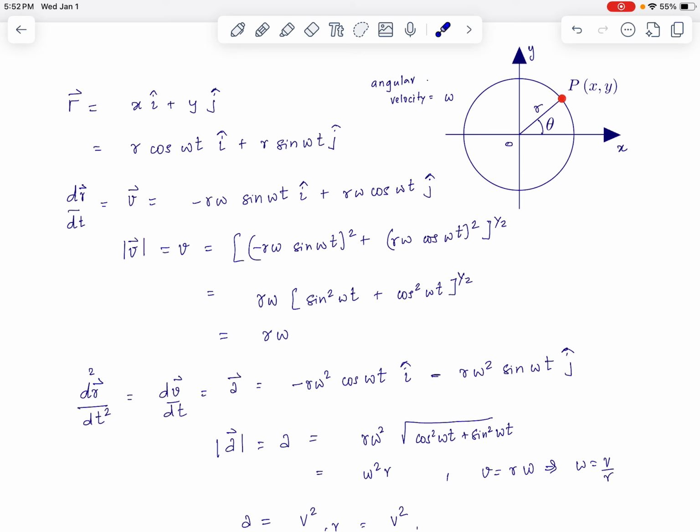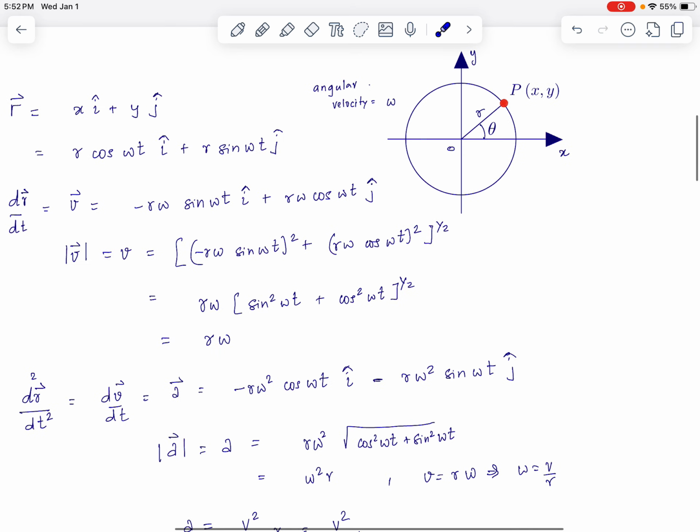The x coordinate is nothing but r times cosine theta, which is r times cosine of omega t, where omega is the angular velocity. Essentially theta is the angular velocity times the time. Angular velocity is in units of radians per second, and the time has units of seconds, so theta has units of radians.